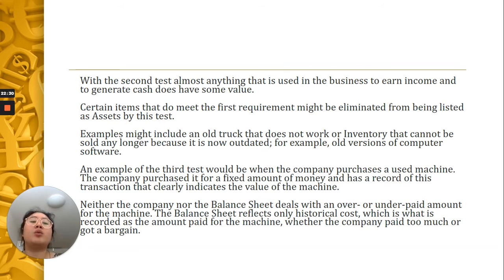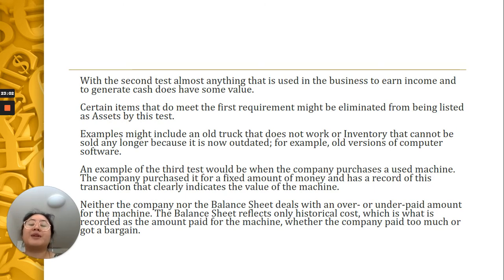So the old version of the company software should not be listed on the balance sheet as an asset, because the old version cannot earn much income or generate cash for the business or have any value. So it should not be recorded as an asset.